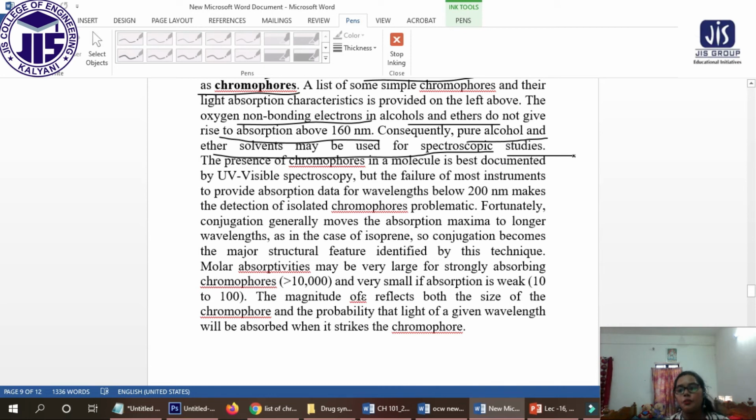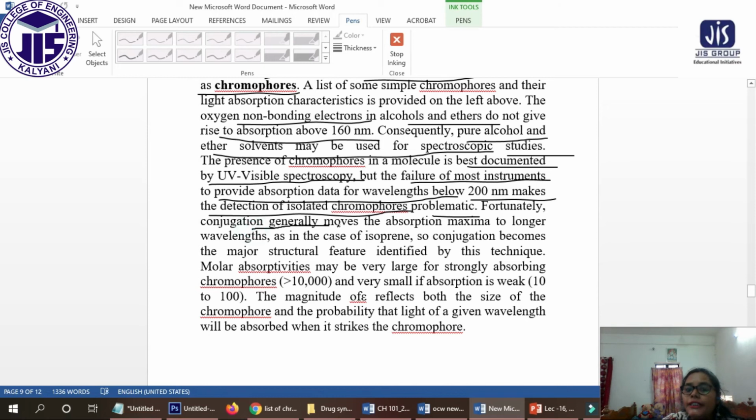For spectroscopic studies of any molecule, we should first choose the solvent. Generally we choose pure alcohol or ether solvents for a molecule studied by UV-visible spectroscopy. But the failure of most instruments to provide absorption data for wavelengths below 200 nanometers makes the detection of isolated chromophores problematic.